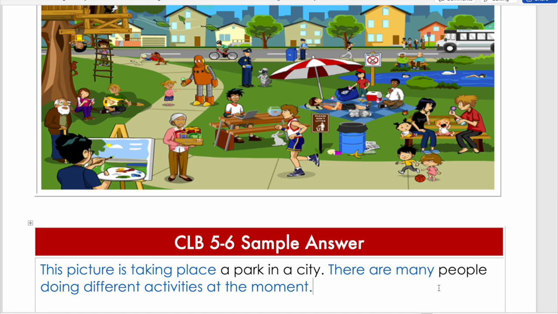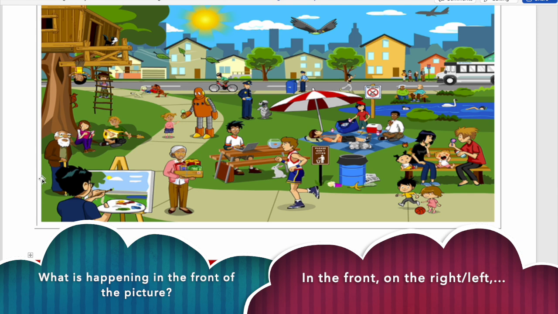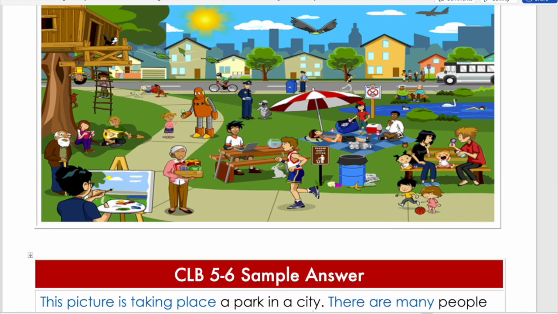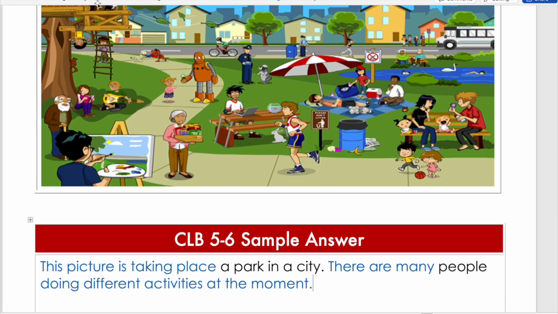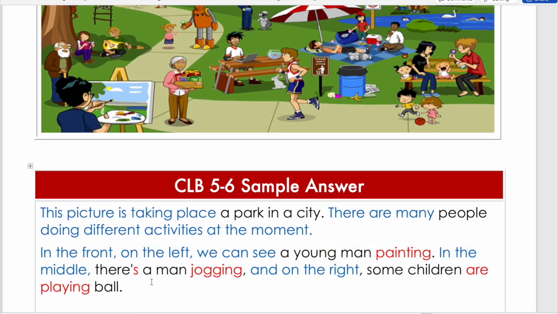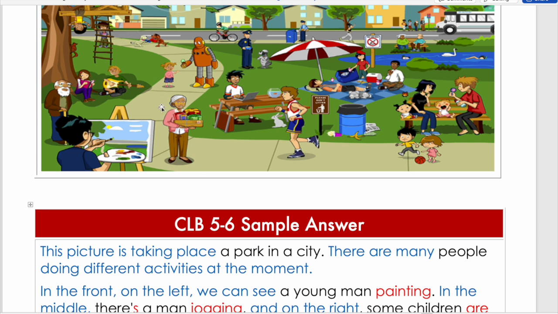So now we should get to the front of the picture. This would be the front over here. This will be the center, and that will be the back. Let's get to the front. Okay. In the front on the left here first, we can see a young man painting.